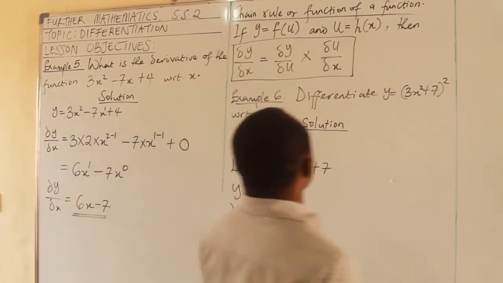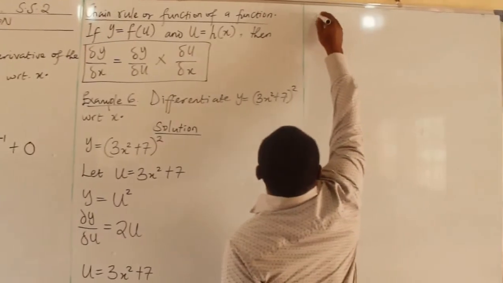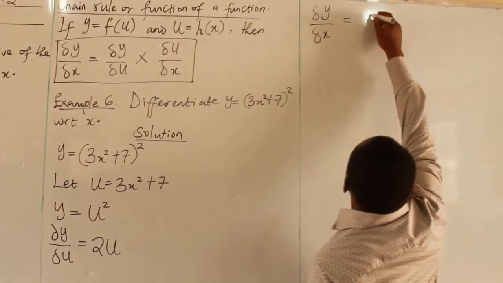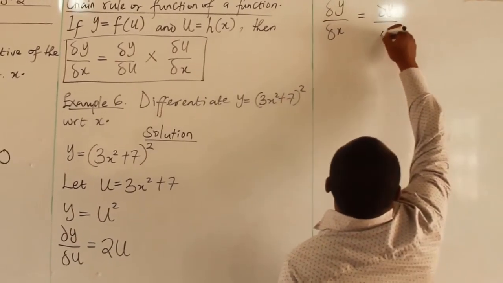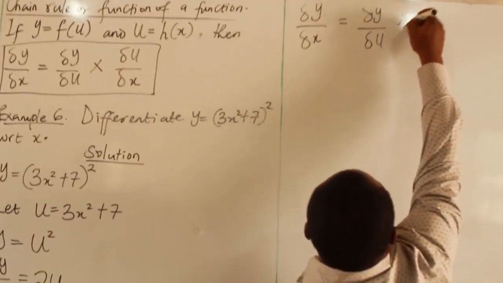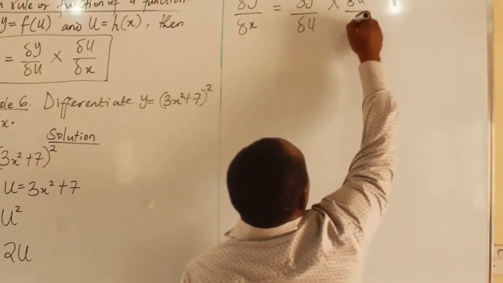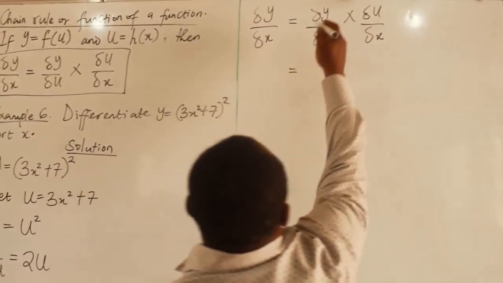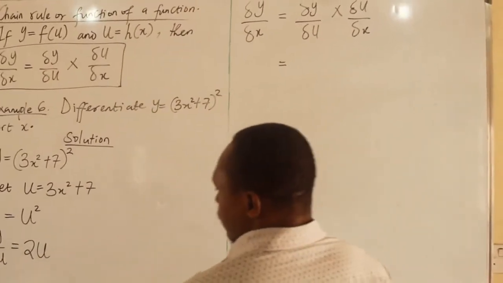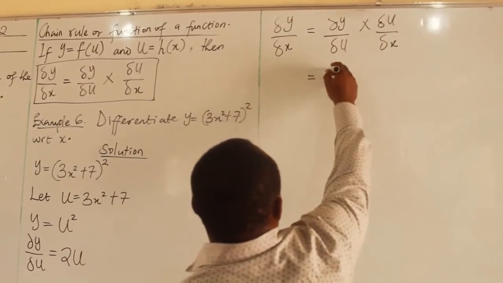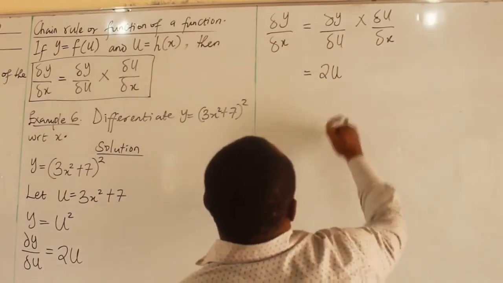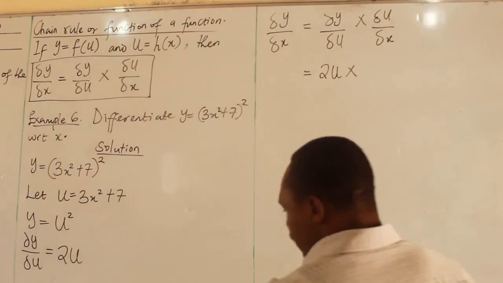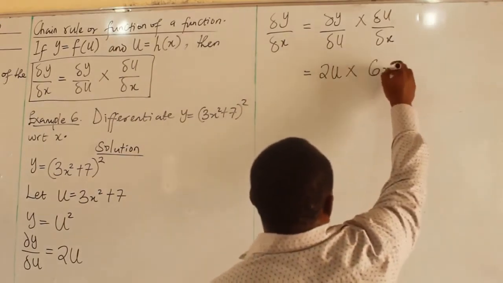So applying chain rule, we have dy over dx is equal to dy over du multiplied by du over dx. So we ask ourselves, what is dy over du? Dy over du here tells us 2u, replace it here, multiplied by du over dx. Du over dx is 6x.